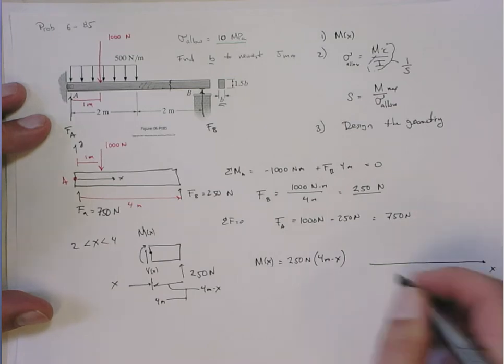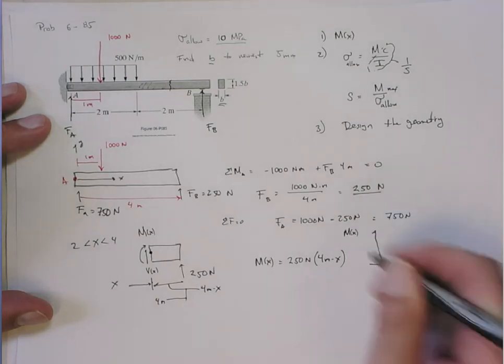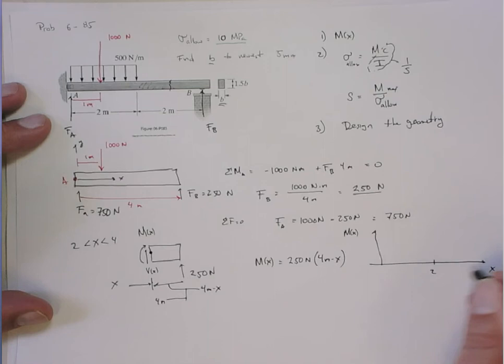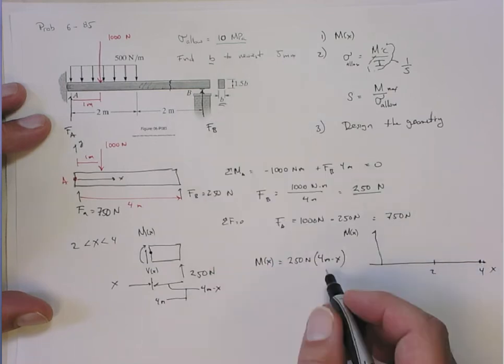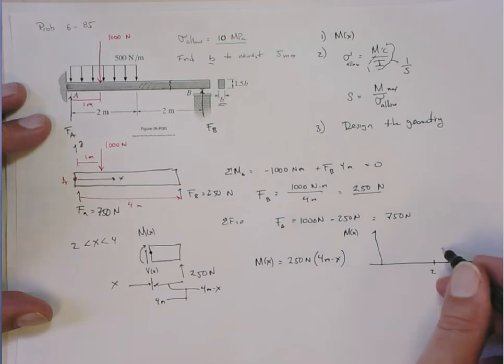Here's x. Here's the moment. Here's 2 meters. Here's 4 meters. So it starts off at 0. The moment vanishes at this point. And then it increases, going backward; it's a decreasing function in x because it has a slope of minus 250.